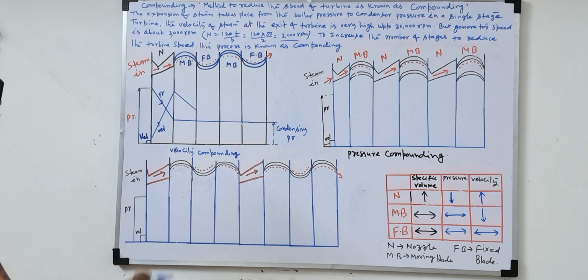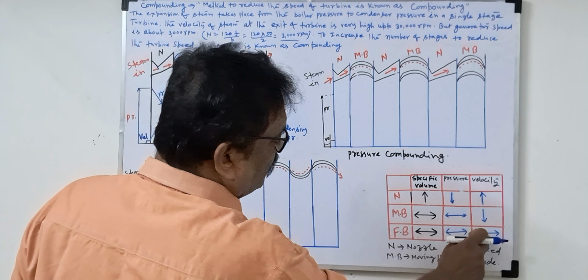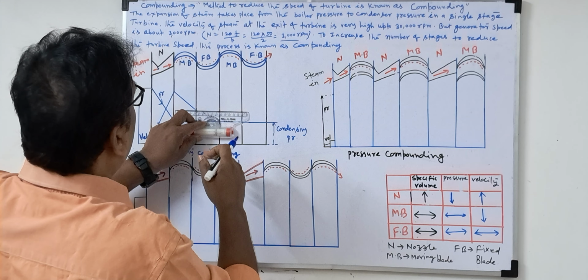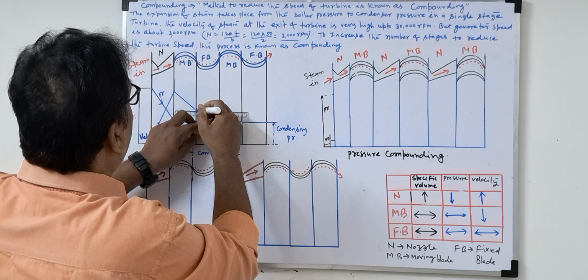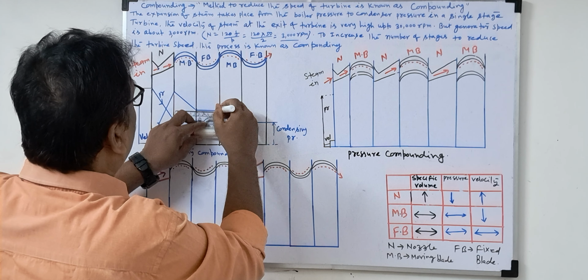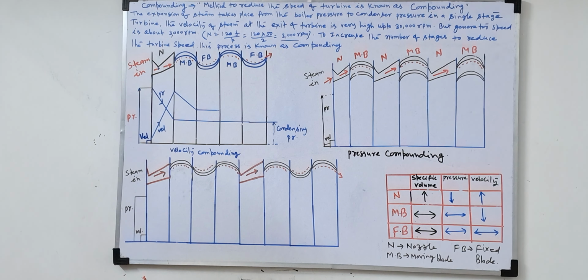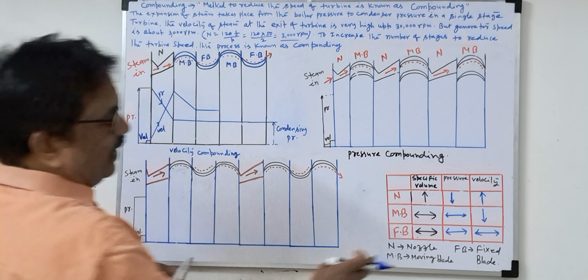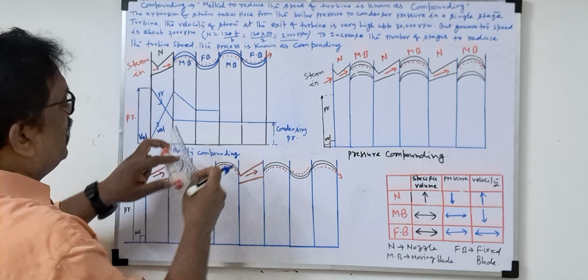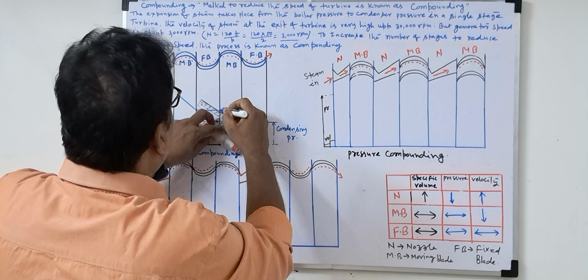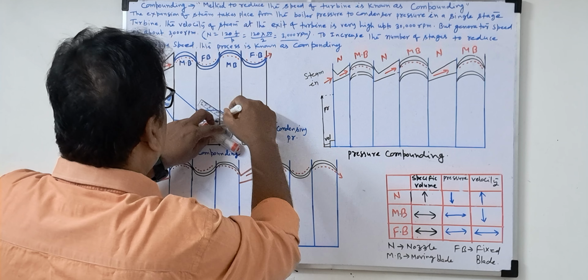Now again the fixed blade. In the fixed blade, the velocity and pressure both will be the same. It will not increase and will not decrease, so this is an exact horizontal line because it remains the same. Now again it goes to the moving blade, and the velocity reduces.